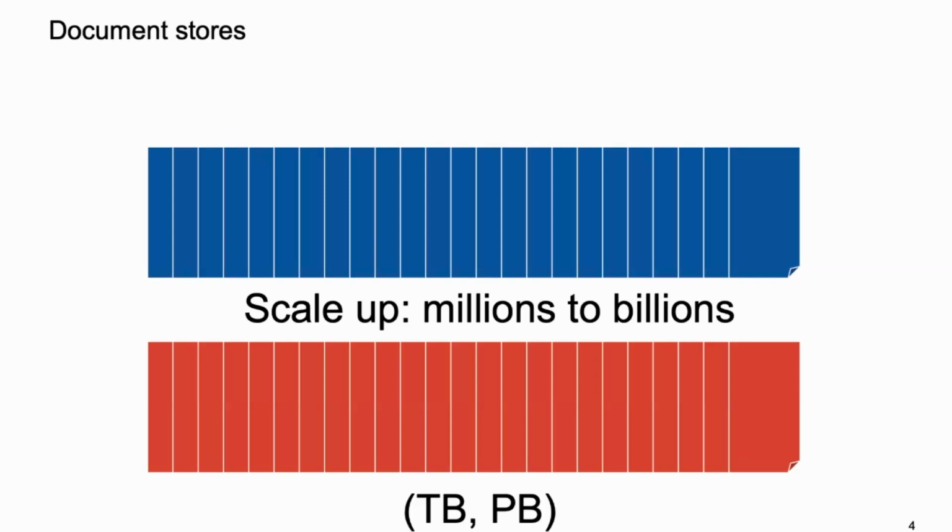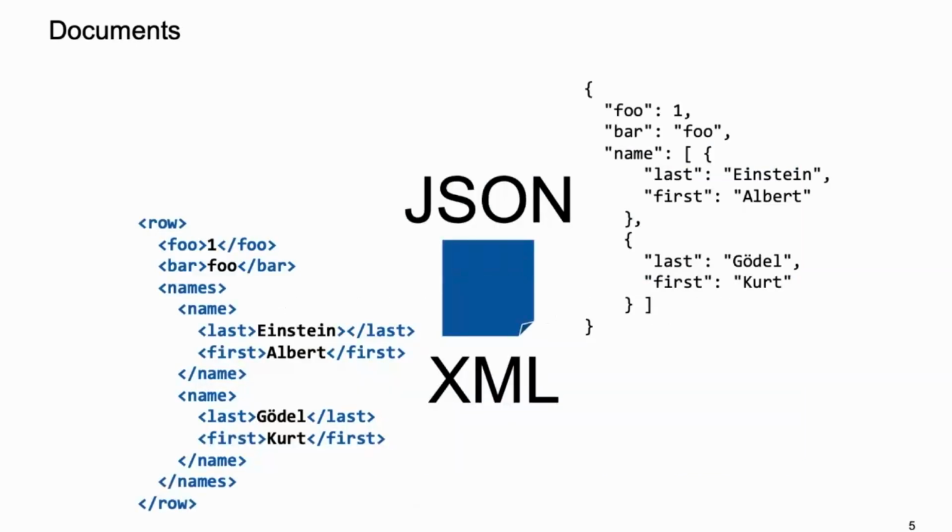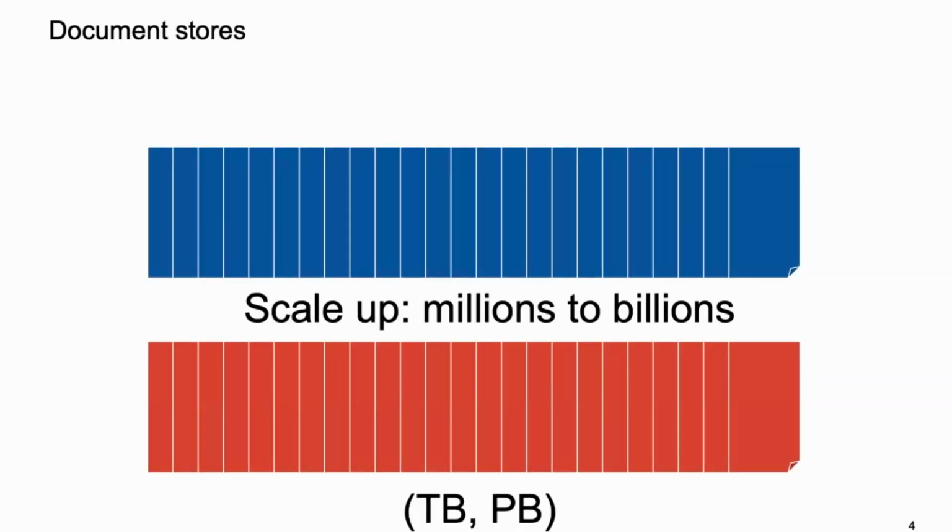Billions of documents, you can still fit 1 billion documents on a machine in some cases, but billions of them, this is where you start needing multiple machines. And then trillions, here you really need to go to large clusters. But most of the cases in document stores is millions or billions of documents. And the size of the data we're talking about is gigabytes, terabytes, petabytes in size.